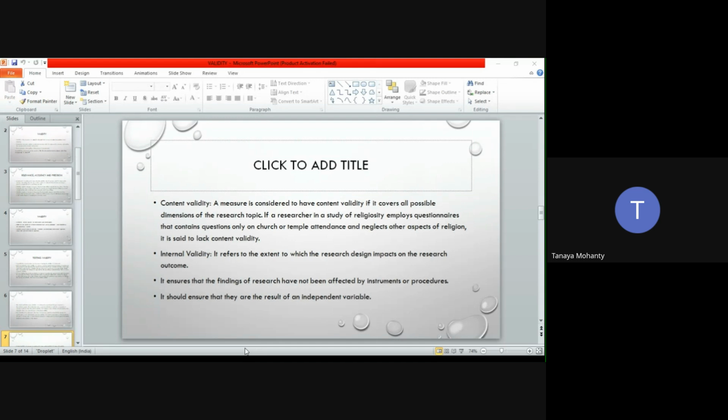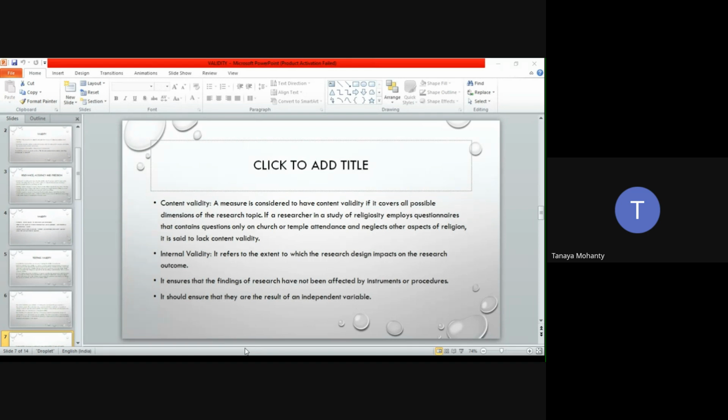Then apart from that, you have internal validity. What is internal validity? It refers to the extent to which research design impacts the research outcome.